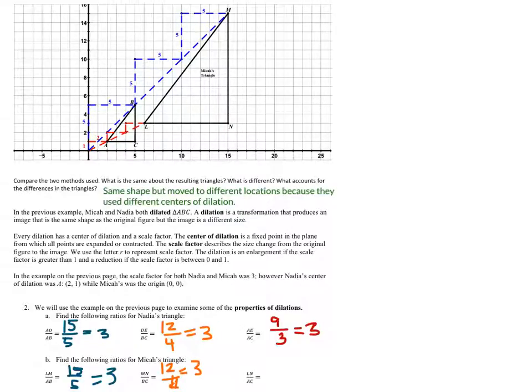And then we've got LN, which is 9, divided by AC, which is 3. And 9 divided by 3 is 3 as well. So all of these resulted in the same scale factor, which we used, multiplying these by 3, making them 3 times as big.